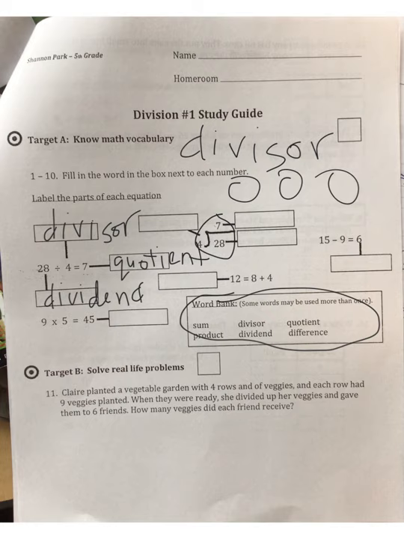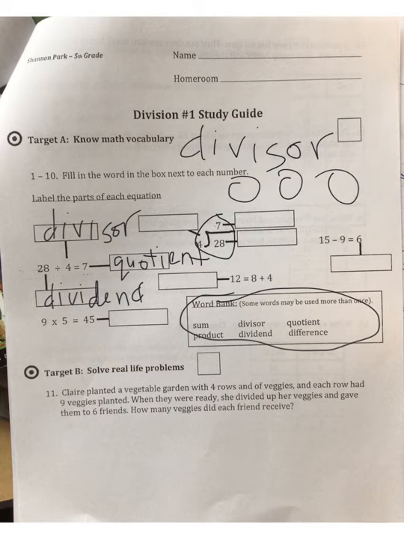So you are still going to be using those same vocabulary words with those same numbers. Sum is the answer to an addition problem, product is the answer to a multiplication problem, and difference is the answer to a subtraction problem.